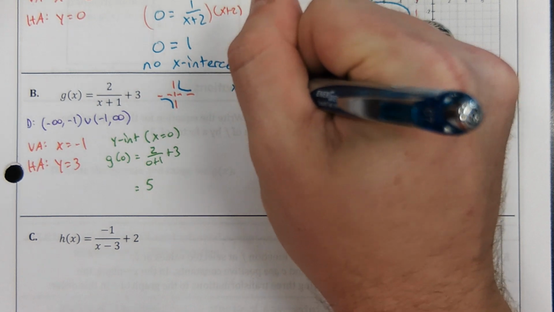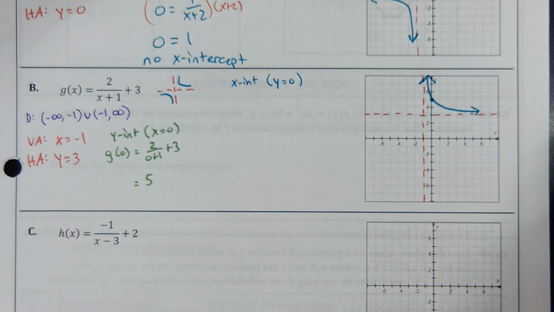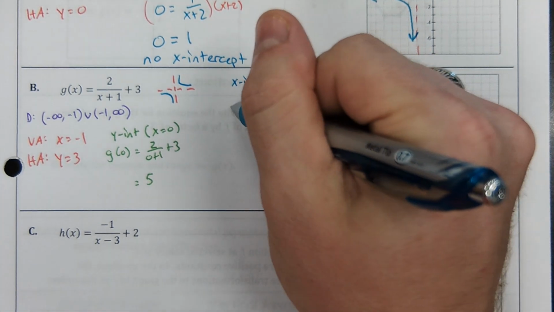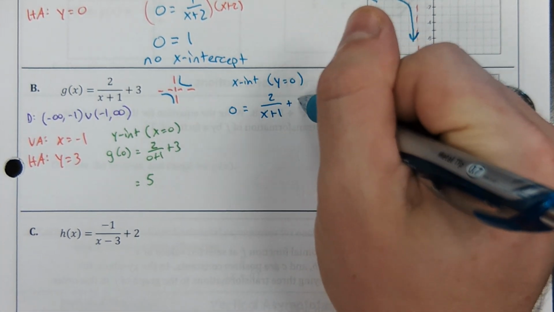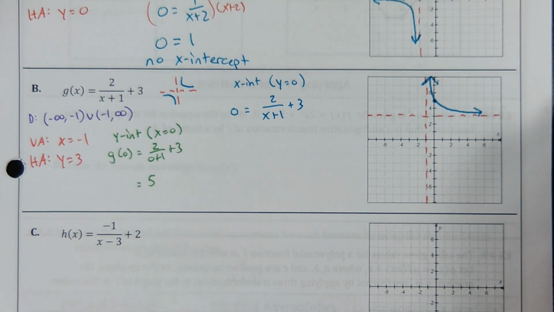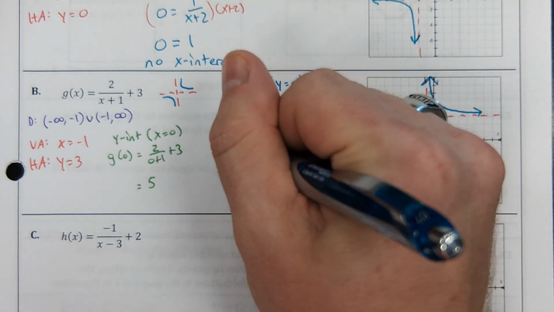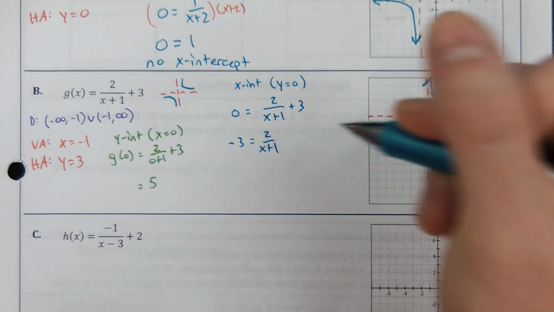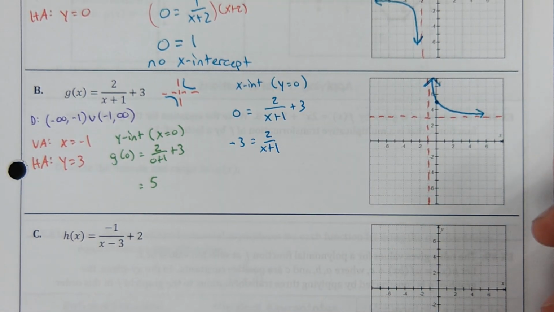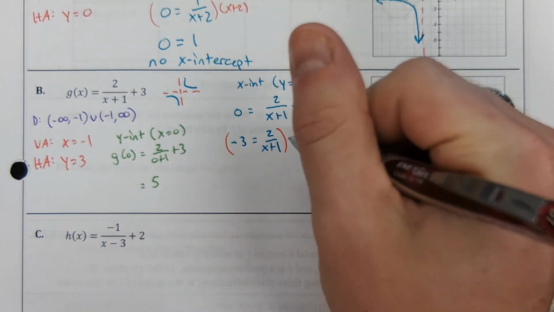When you're trying to find your x-intercept, you are letting y equal 0 and solving for x. So 0 equals 2 over x plus 1 plus 3. Now we need to solve for x. Subtract 3 from both sides. You don't like fractions? Okay, fine. Multiply both sides by x plus 1.